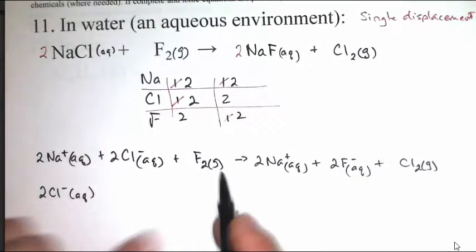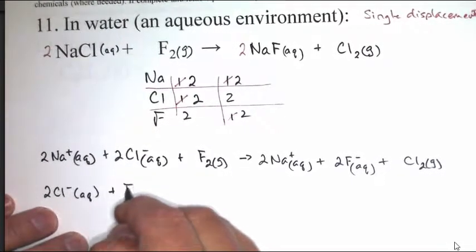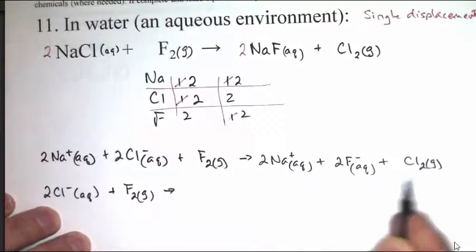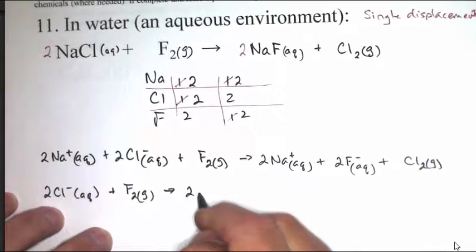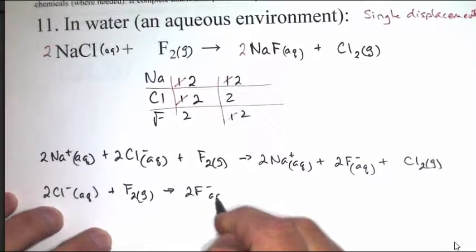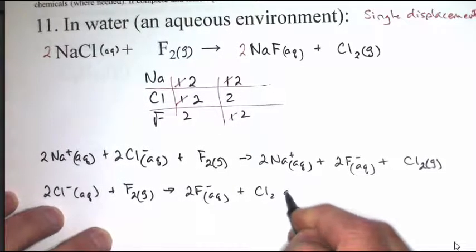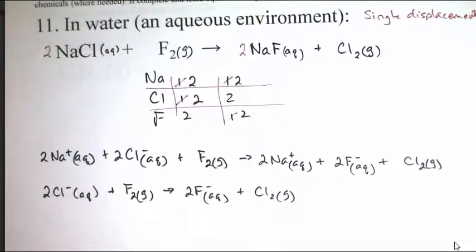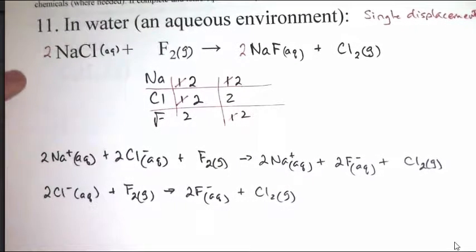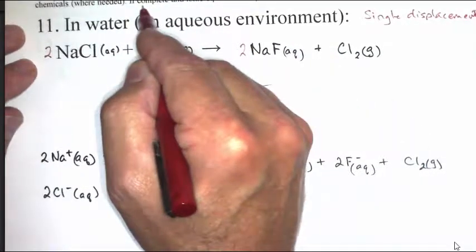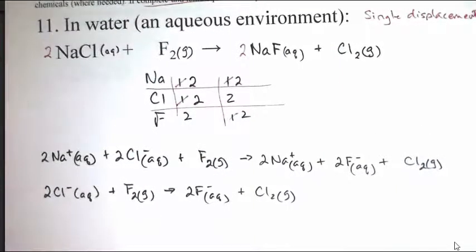We're going to keep that. And we do the same thing to the other side. And so now we've got the completed and balanced equation for this, and we've completed our complete net ionic equations, and we're done.